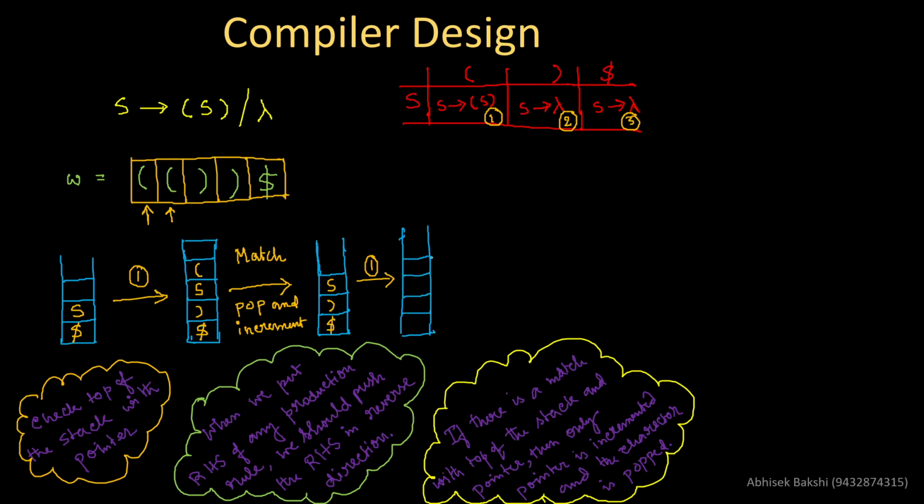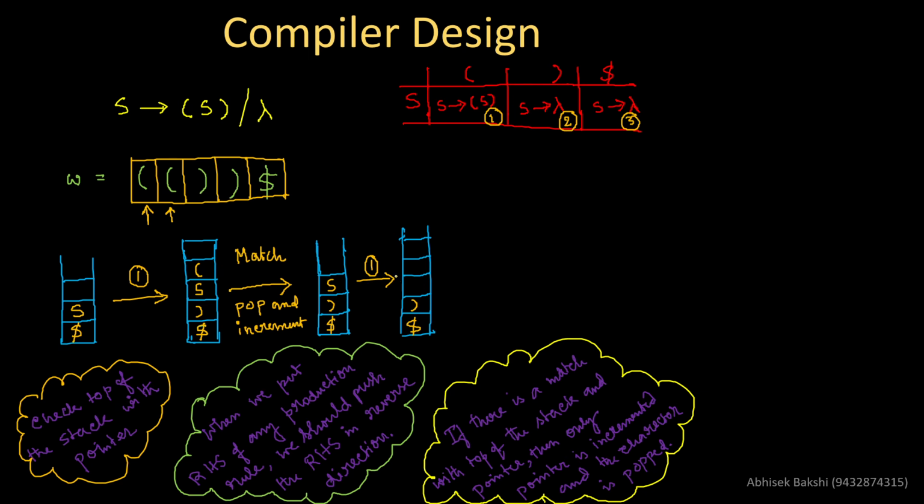So let's write it one by one. The content of the stack will be obviously dollar, then closing brace, and this S will be popped out, right? S will be popped out, and instead of S, the RHS will come in reverse direction.